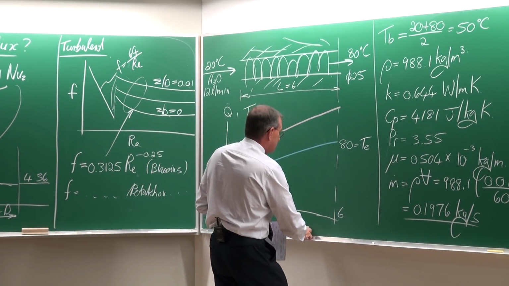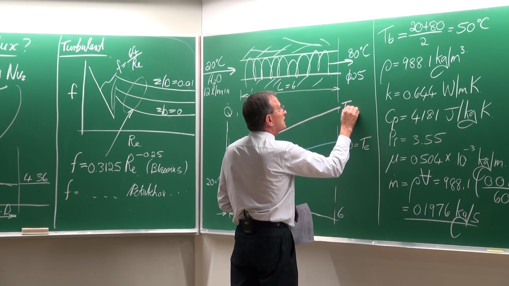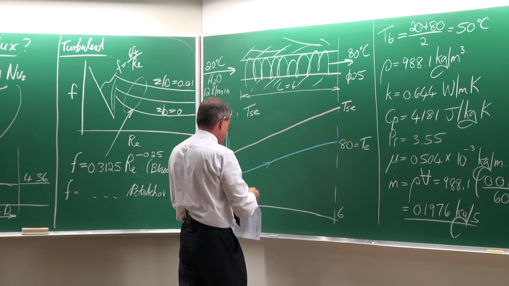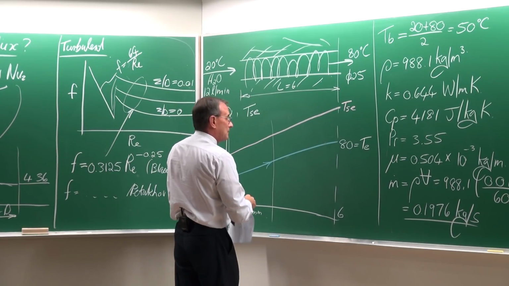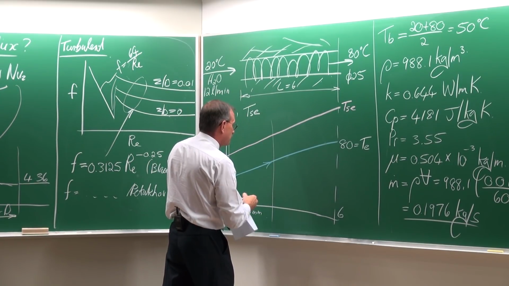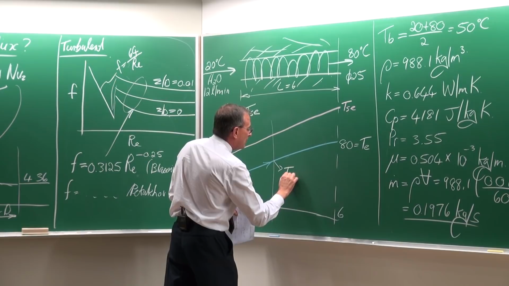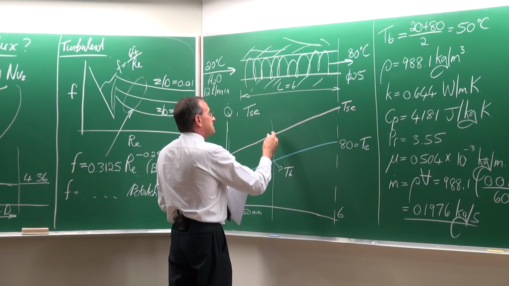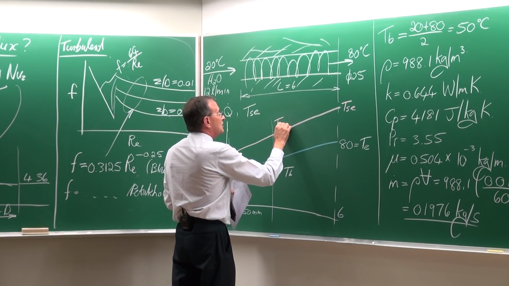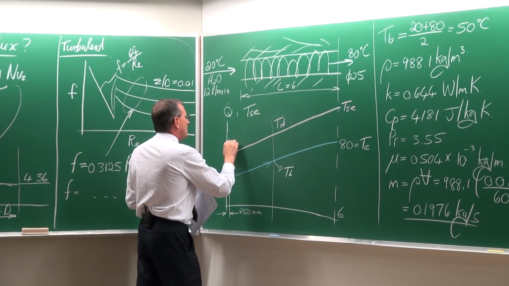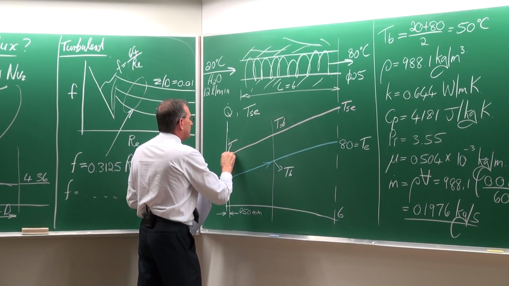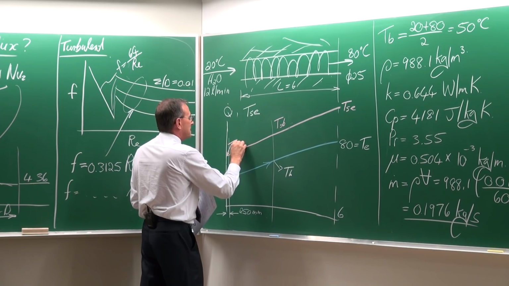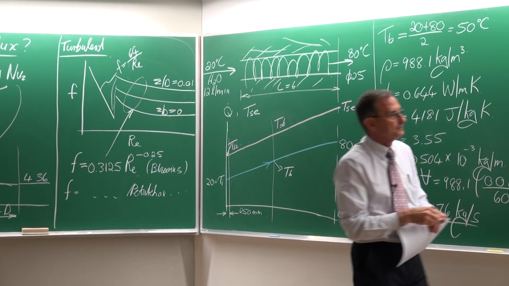So we can say that is equal to the temperature at the surface at the outlet. This is the temperature at bulk. This temperature, then we can say, is the surface temperature at bulk, and that temperature there is the surface temperature at the inlet.